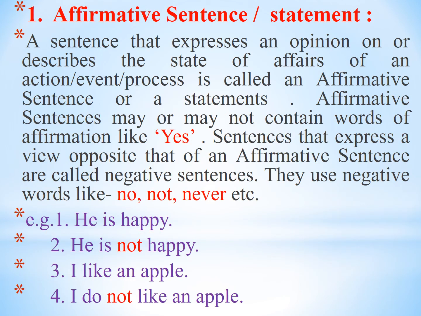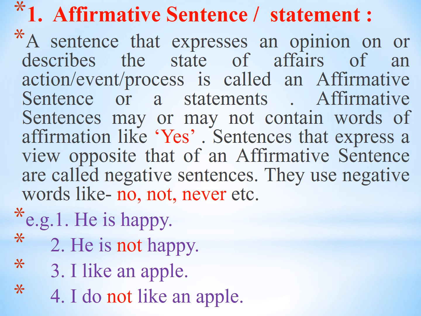The first type of sentence according to function is the affirmative sentence or statement. A sentence that expresses an opinion or describes the state of affairs of an action, event, or process is called an affirmative sentence or a statement. An affirmative sentence may or may not contain words of affirmation like yes.